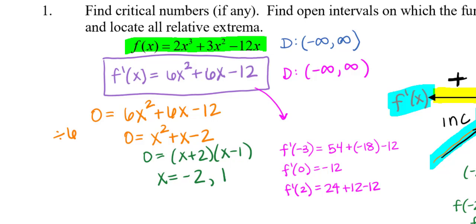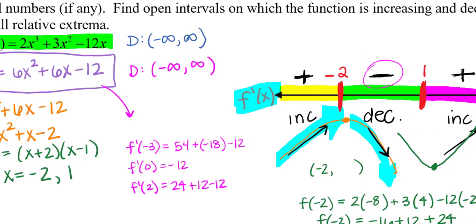Oftentimes, when we ask for a relative maximum or even an absolute maximum, we're asking for the y value, but it's important to note you had to find the x equals, or if you're graphing it, you'll have to have that whole point. So our relative minimum, we talked about y, needs to be at x equals 1, or the point 1 comma something. So let's find what that is.